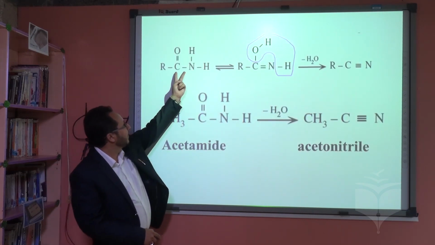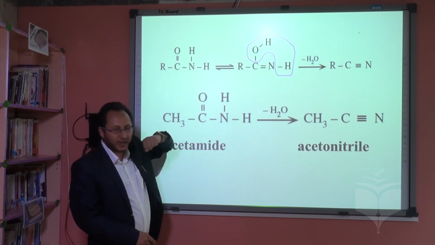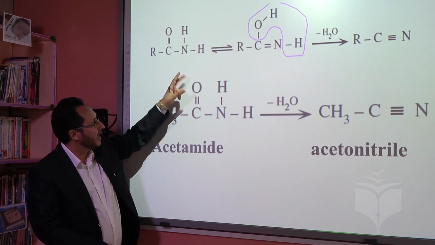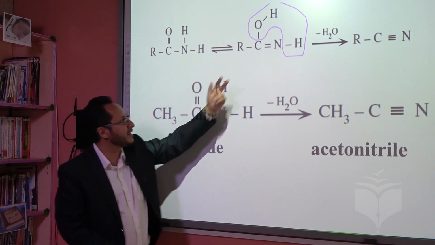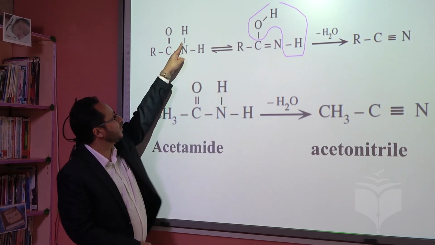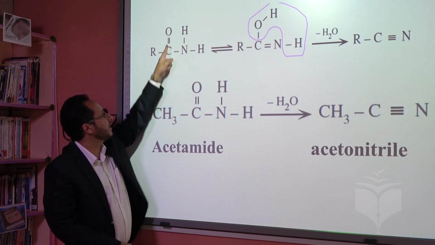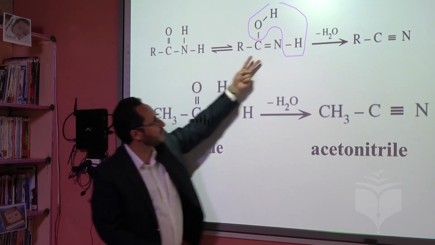Here we have the unsubstituted amide RC double bond O NH2. Before this reaction, we have an equilibrium between these two states. This is the unstable state. One hydrogen atom from the nitrogen atom goes to the oxygen, and this bond is put here. Now we get this figure.